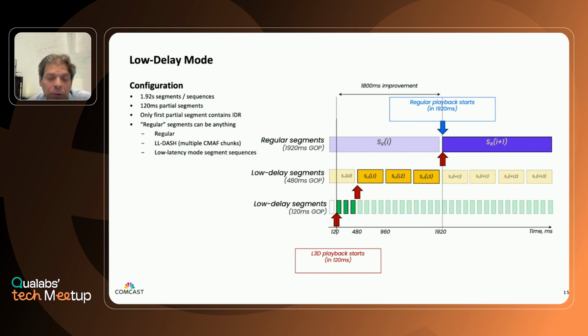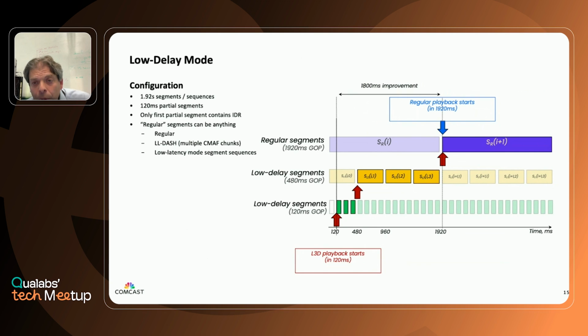We start from these very small segments. We get to the 480 millisecond boundary. We go and start playing the other low delay segment representation, and once we get to the 2 second boundary, we go back to regular segments.